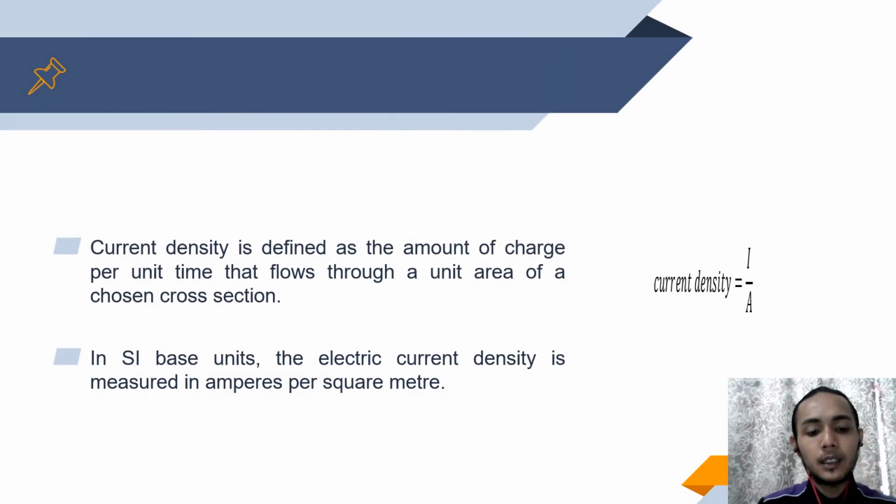Current density is defined as the amount of charge per unit time that flows through a unit area of a chosen cross section. In SI-based units, the electric current density is measured in amperes per square meter. Current density is yet another factor influencing copper plating.